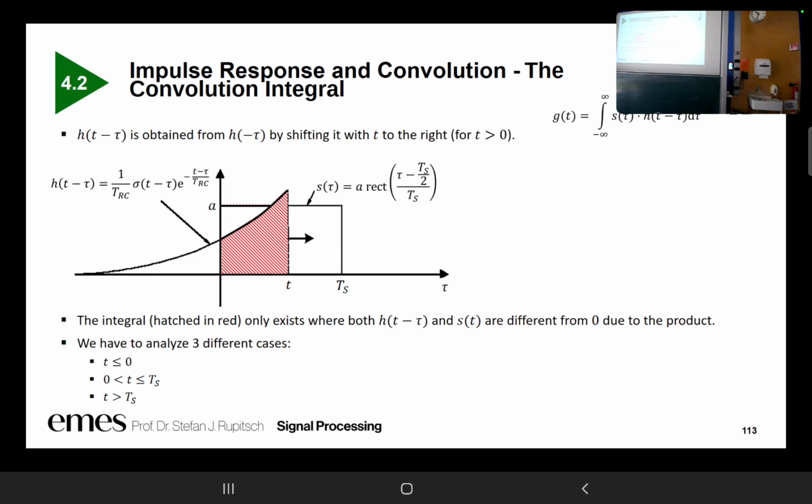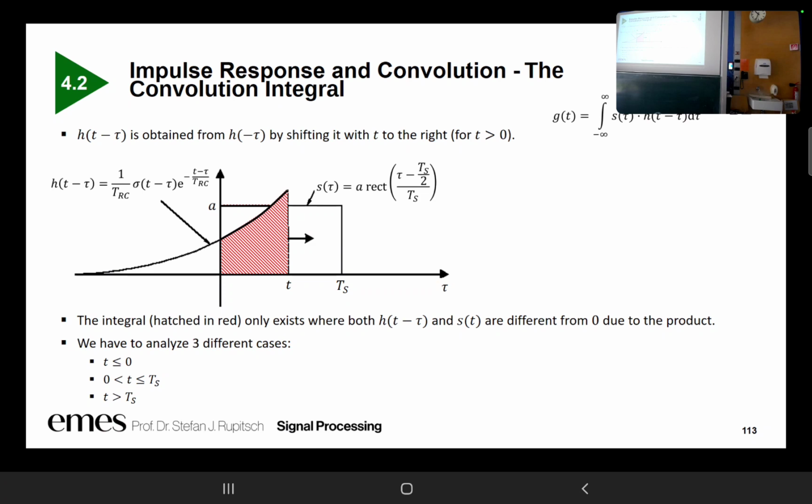And if we have this response of our system for the periodic pulse, we can calculate the response of our system for each signal. Impulse response is the basic understanding of our system. If we know the impulse response, then we can calculate each output of the system. Okay?